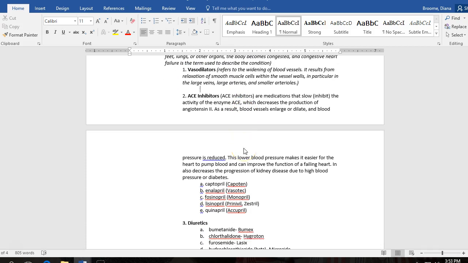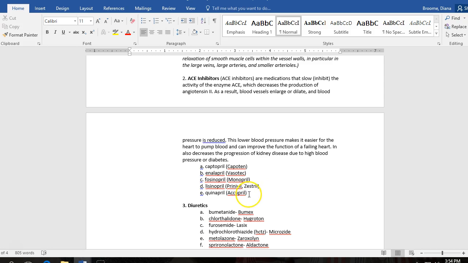For the ACE inhibitors, I wanted you to understand what that actually means. Basically, it's helping the enzyme ACE decrease its activity. By doing that, it helps dilate or increase the blood flow, and in essence reduces the blood pressure.